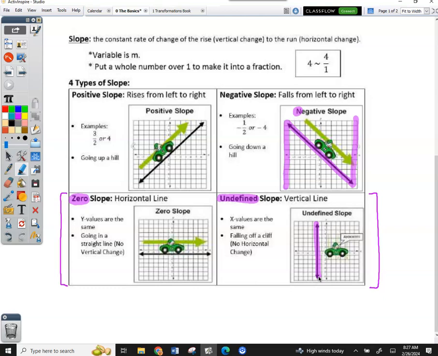How do you remember this? Well, one way is to think of a person walking, if you will. If a person was trying to just walk a horizontal line, it doesn't take a lot of energy, right? It's just flat. As I'm walking back and forth, left and right, I'm not requiring a lot of energy. Now, if I had a vertical that I needed to walk, can I do it? No. And don't say, well, what if you were rappelling?